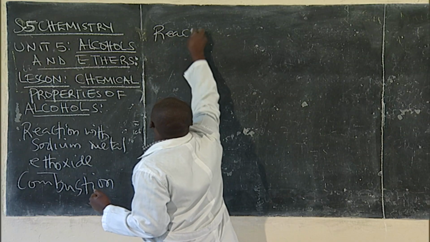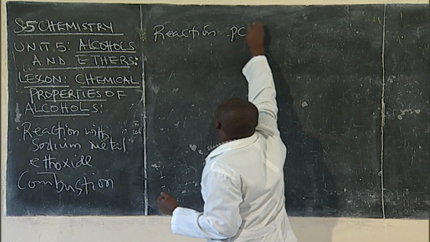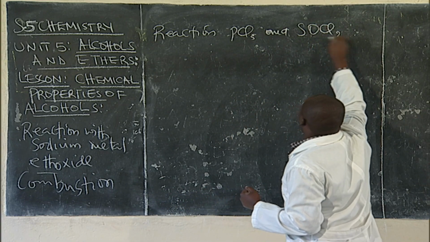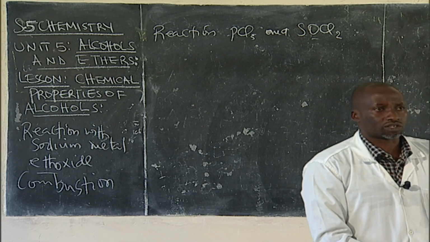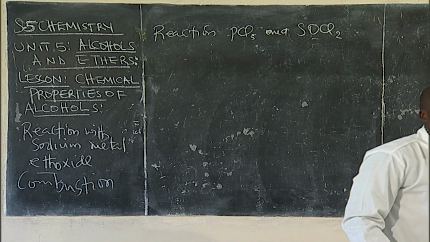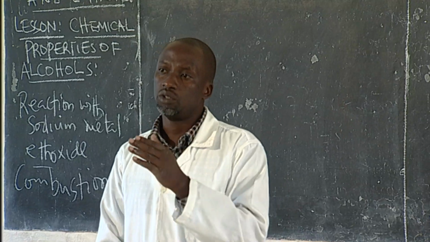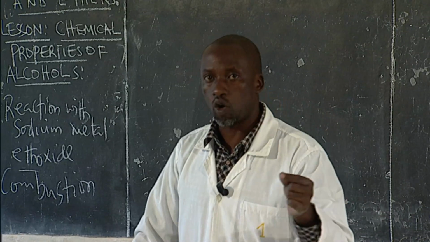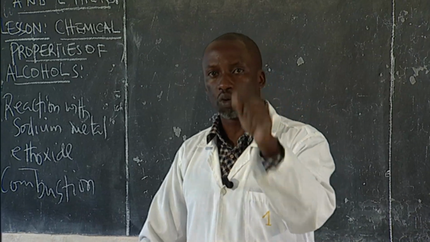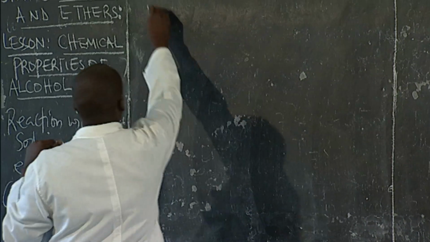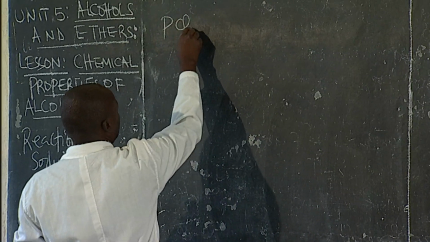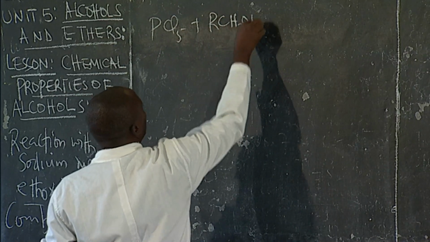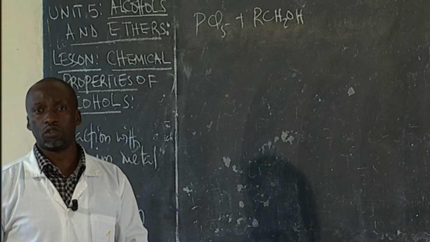We also looked at the reaction with phosphorus halides and sulfur dichloride oxide. We looked at the mechanisms and said the same reactions can be used to test the presence of alcohols in the lab. For example, if a phosphorus halide reacts with any form of alcohol, this is a nucleophilic substitution reaction.